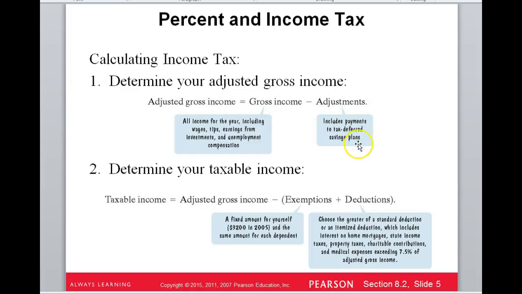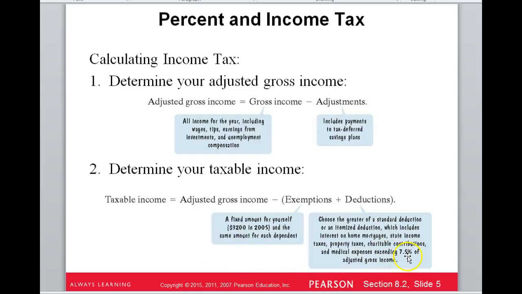And then beyond that, we take our adjusted gross income, and to determine our taxable income, we take off exemptions and deductions that we might have: exemptions for ourselves and for dependents. We can itemize and take out things like property taxes, things we gave to charity, state income tax, interest we paid on mortgage and students' loans, all kinds of deductions if it exceeds the standard deduction.